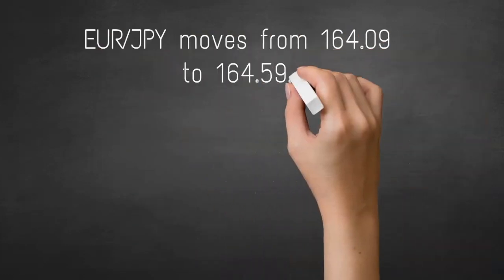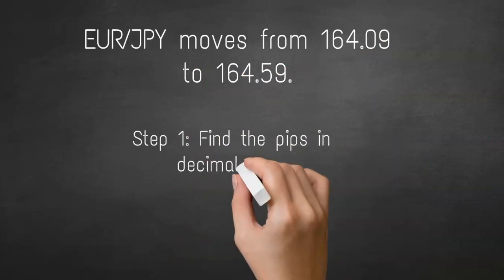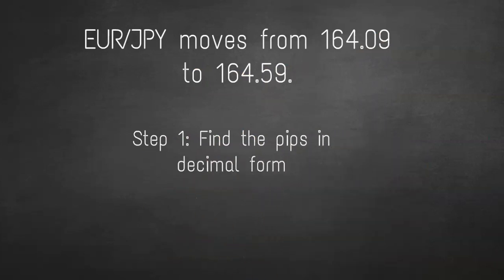So the euro yen moves from 164.09 to 164.59. So step 1, find the pips in decimal form.